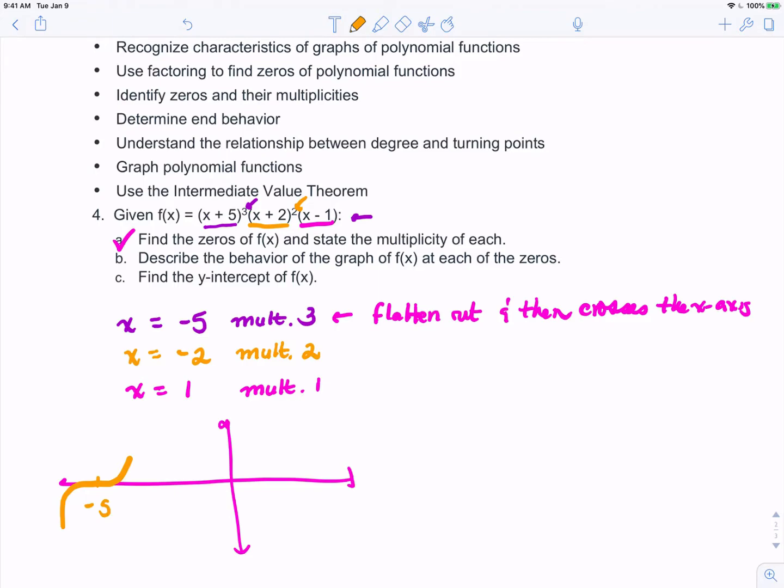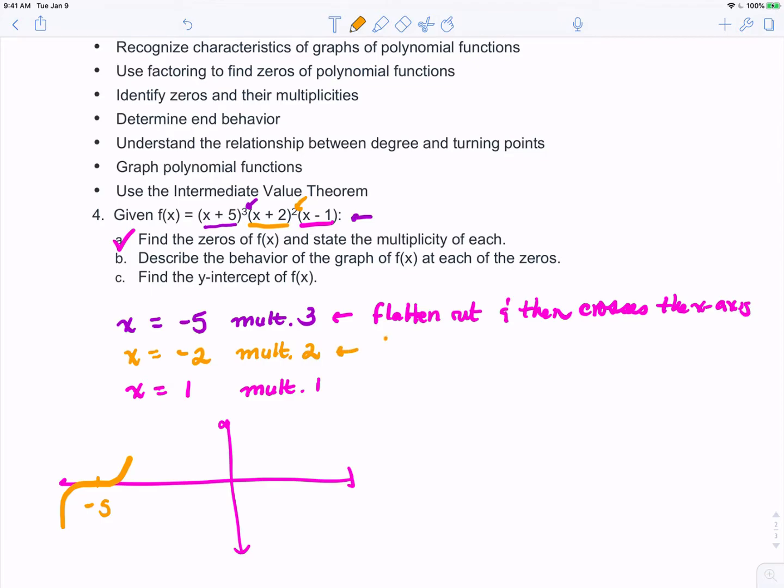Or it might be going downward, we don't know. We'd have to do a little more work to determine which direction, but all we were asked is what it does at the root, and what we know is because it's a degree that's odd and higher than 1, it's going to flatten out.